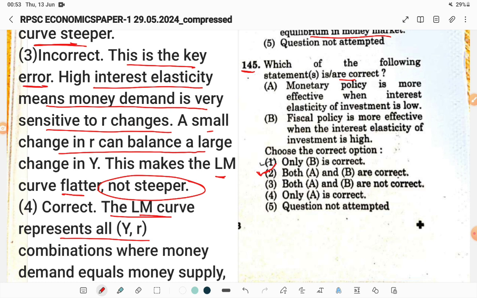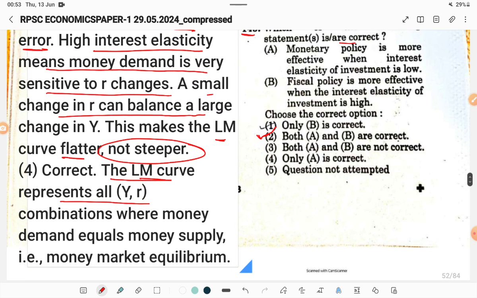Monetary policy tools like changes in interest rates can have a more significant impact on investment and aggregate demand. And the second statement, when the interest elasticity of investment is high, investment is highly responsive to changes in interest rate. Fiscal policy measures such as changes in government spending or taxation can have a more substantial impact on investment and aggregate demand. So both statements are correct here.